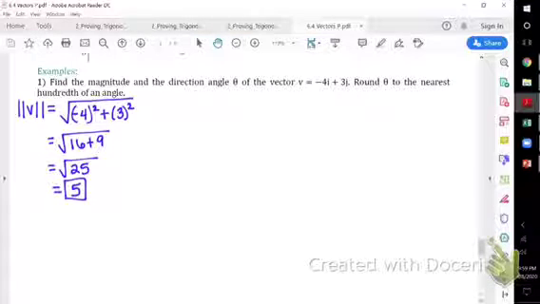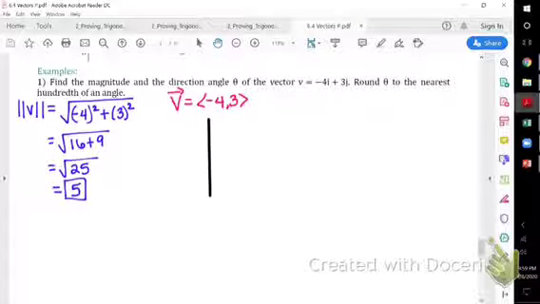Then it also asks for the direction angle theta. Well, first let's think about this. So we know vector v has components of negative 4 and 3. So if I was going to draw this, I would have to go 4 to the left and 3 up.